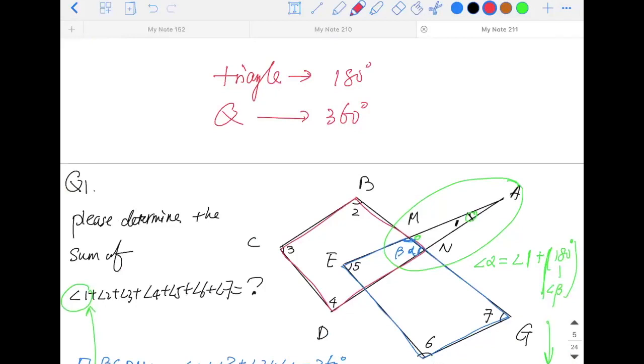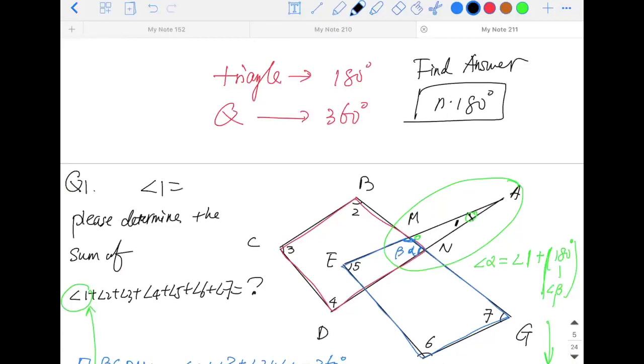So that being said, using your intuition, you can guess the final answer must be a multiple of 180 degrees. Is it correct? Because there's no weird angle here. If the question says angle 1 equals 27 degrees, then there's no way for you to guess.